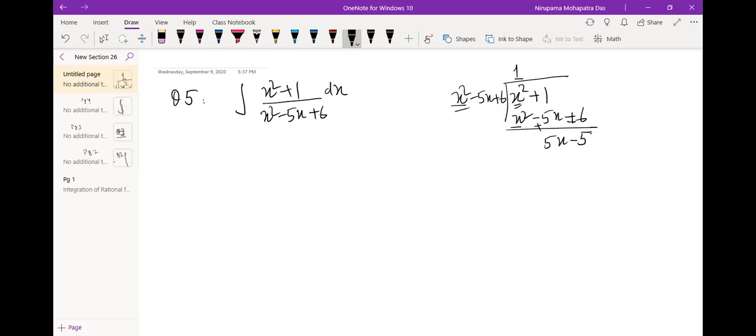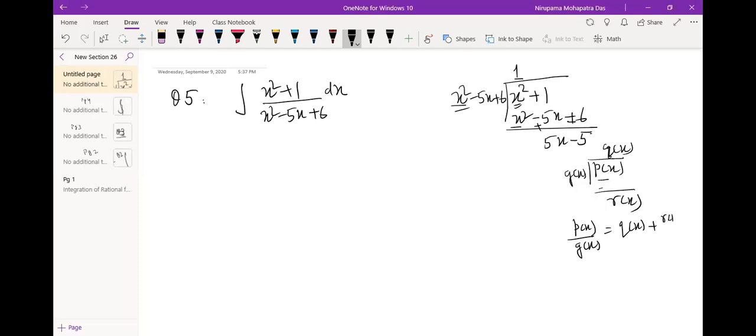As you know, whenever you divide Px by Gx, Qx is the quotient and Rx is the remainder. So Px by Gx equals Qx plus Rx by Gx.